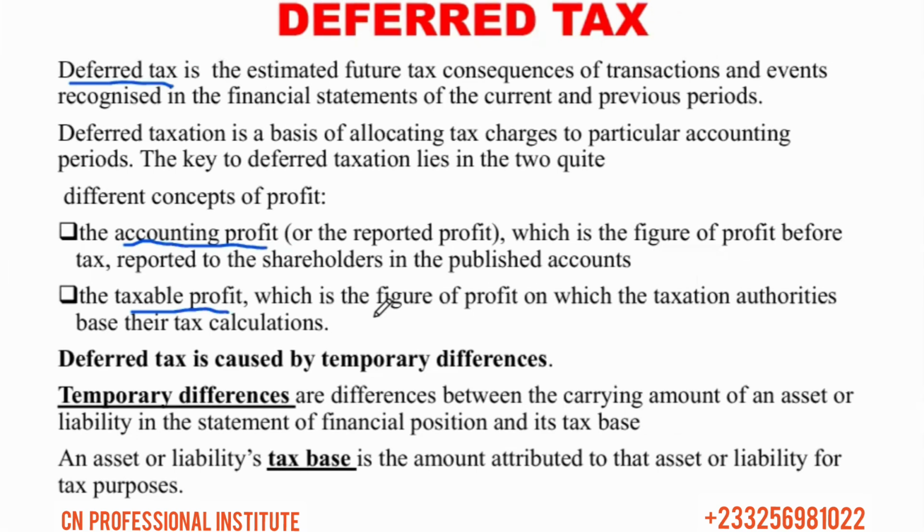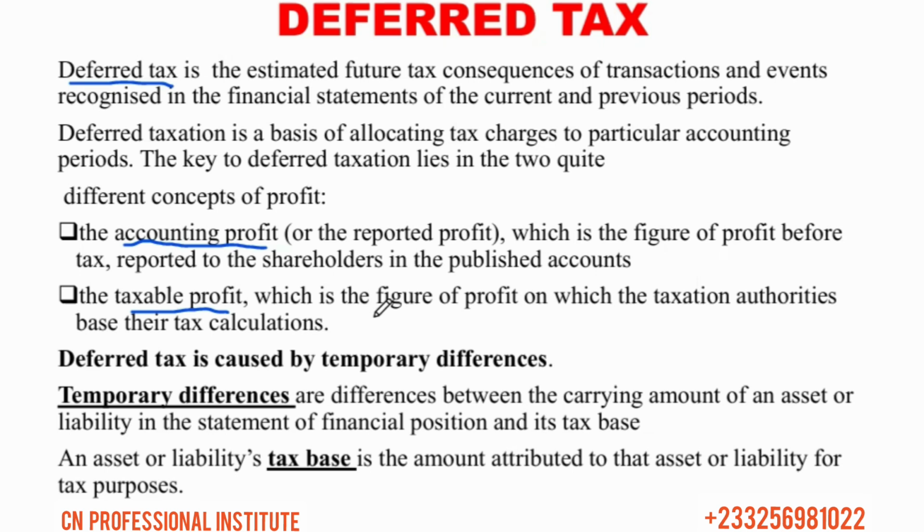And normally we get the taxable profit by picking the accounting profit and then adjusting it, adding back deductions that are not allowed, and then deducting income that is not taxable.